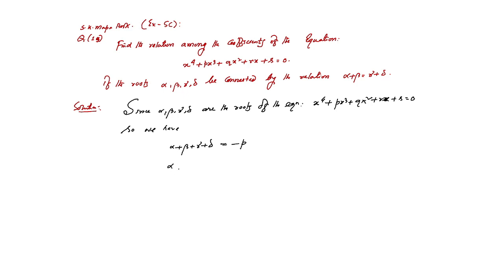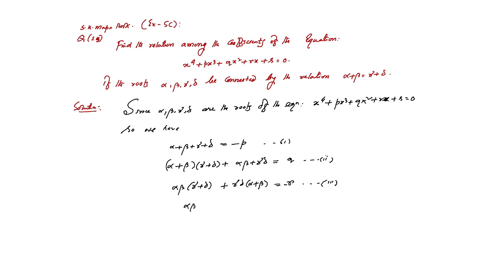And alpha plus beta into gamma plus delta plus alpha beta plus gamma delta, that is basically q by 1. So this is equation 1, equation 2, and next is alpha beta into gamma plus delta plus gamma delta into alpha plus beta, that will be minus r.